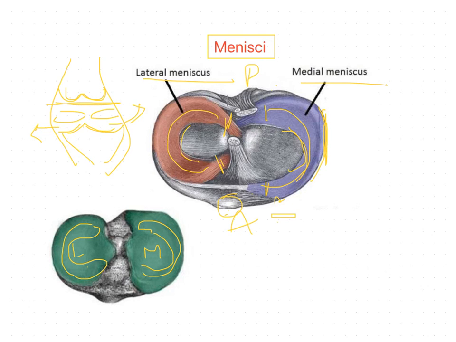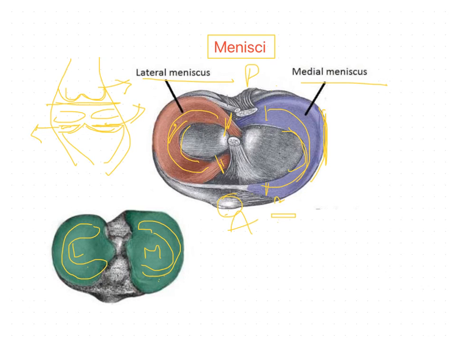It also has two surfaces. The upper surface is concave for articulation with the femur. The lower surface is flat and rests on the peripheral two-thirds of the tibial condyle.